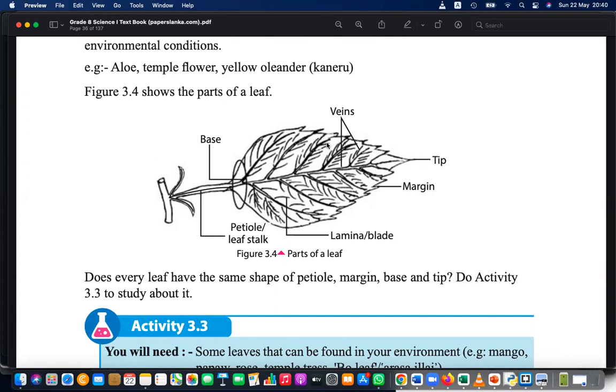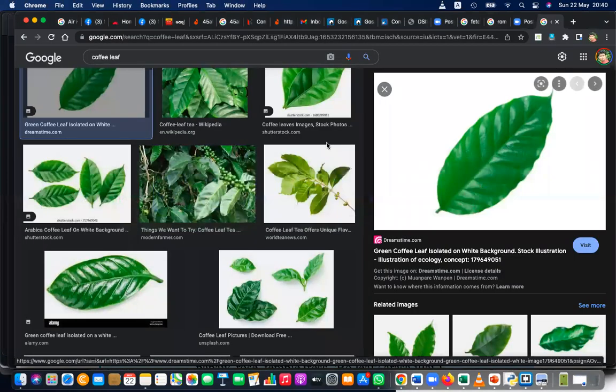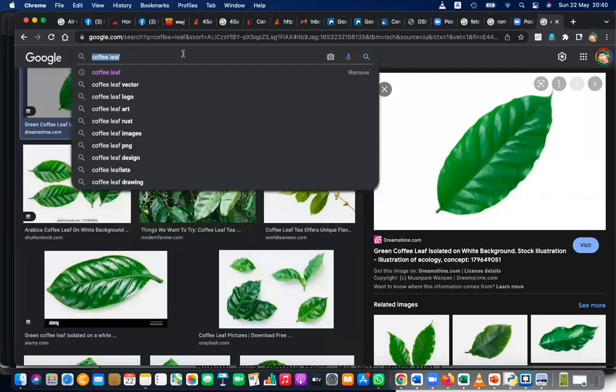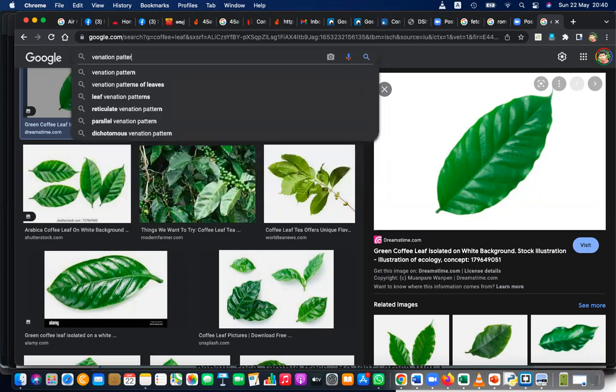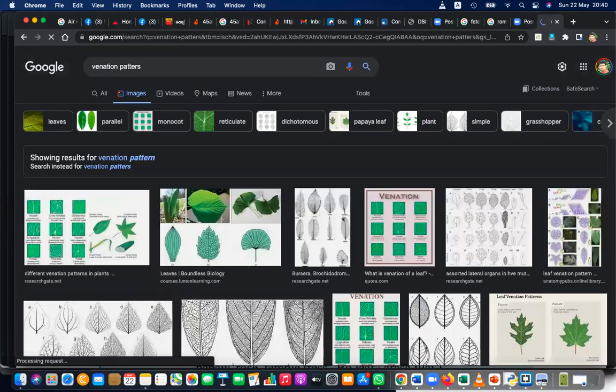In one of my researches at the university, I was identifying leaves using venation patterns. Venation patterns are how the veins are spread. Different leaves have different venation patterns.